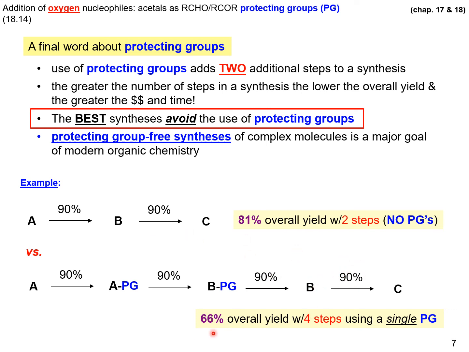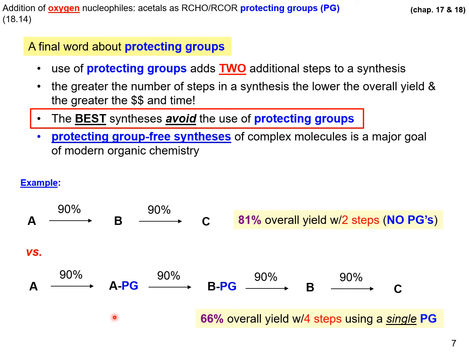But look at this, overall, 90% of 90% of 90% of 90%, 66% overall yield with 4 steps using a single protecting group. So you can imagine if you have syntheses that use 2, 3, 4 protecting groups, that's going to give you a much poorer overall yield of the desired product.